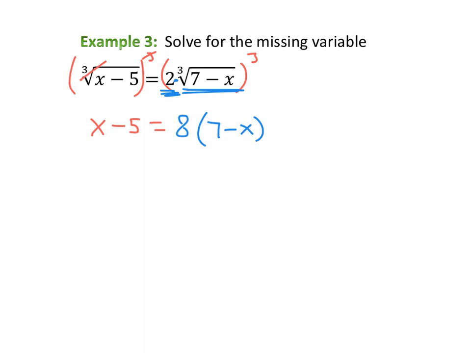Now it's a linear equation here, so we're going to just solve it like a linear. So we'll distribute. Give me x minus 5 equals 8 times 7 is 56, minus 8x. We'll move all the x's to one side, so add 8x to both sides.